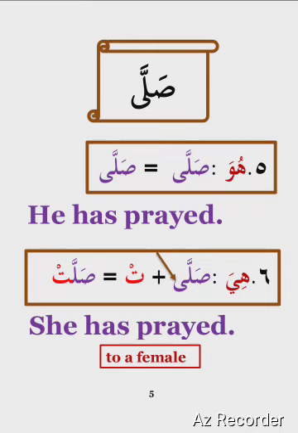But in the case of Ahmad, you should say, Hal salla Ahmad. Has Ahmad prayed? Now the response. Na'am salla. Yes, he has prayed. Huwa salla. Hiya sallat. La'allaka fahimt. I hope you understand.